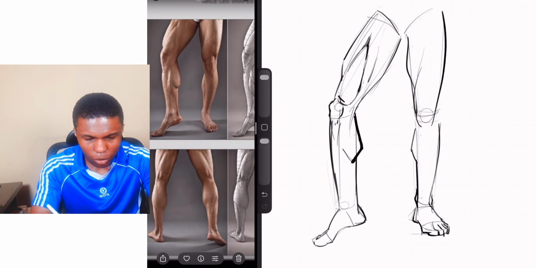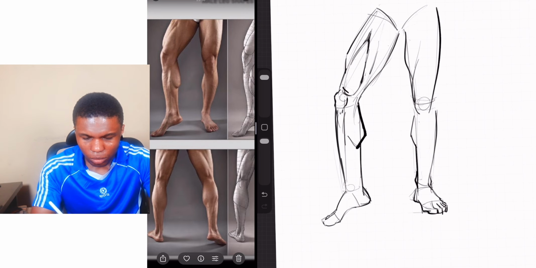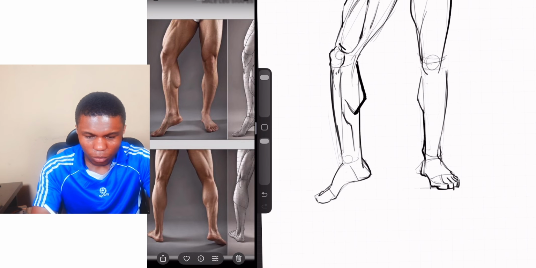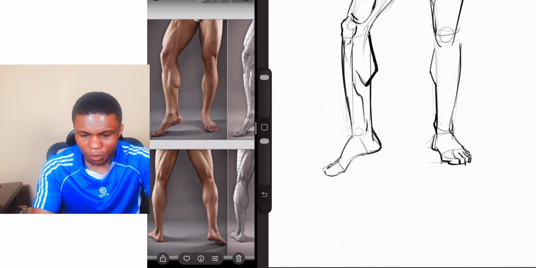Then we have our calf muscle. I don't know any calf muscle. I do know, based on the former study, that the name of this muscle over here starts with G. That's all I remember. And this guy over here is our Achilles tendon.